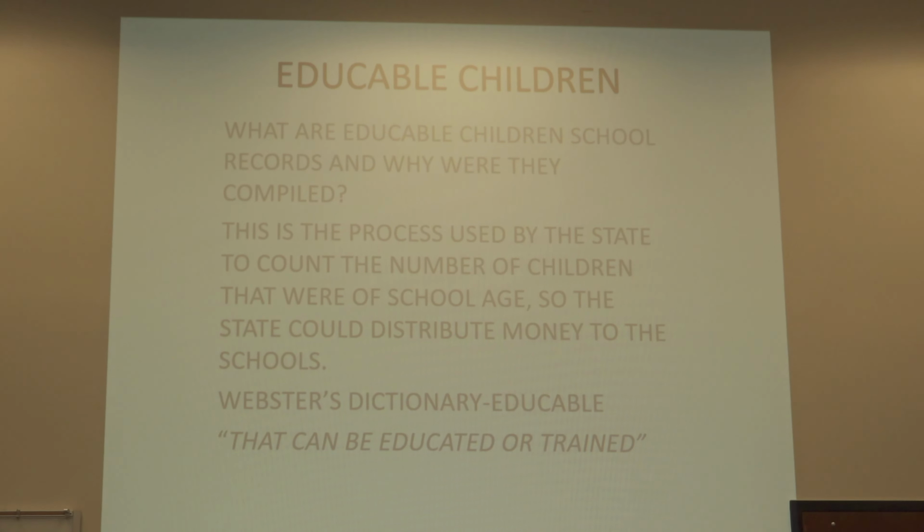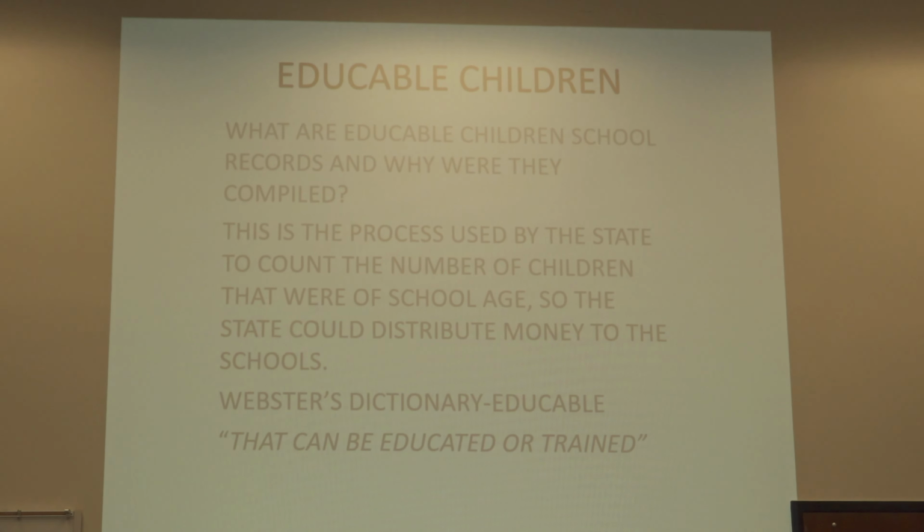Like my father was out of school, he went to the second grade, but up to the time he was 18, he was eligible to go to school, right? So he was listed as an eligible child so that the Clay County school system received monetary money, okay?